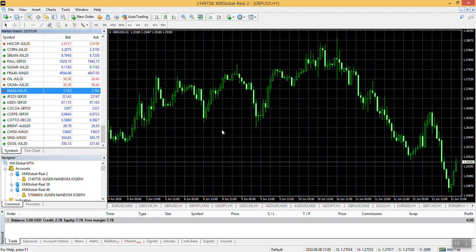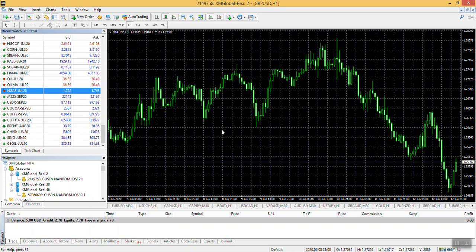So these are the categories of things we buy and sell on this platform. One, we buy and sell the currencies. Two, we buy and sell the commodities. And three, stocks.